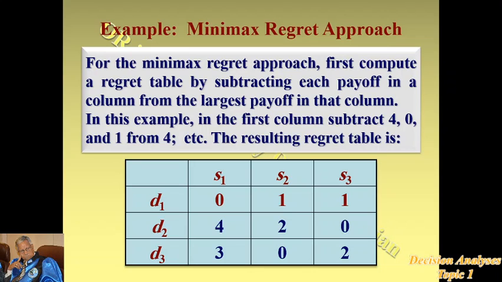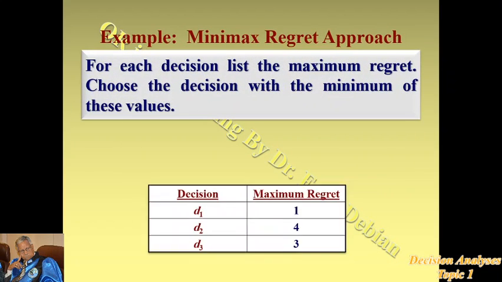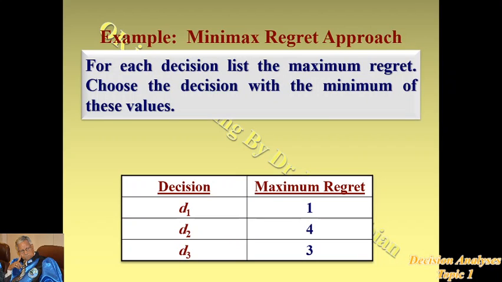So for each decision alternative, we will select first the maximum regret. For the first row, 1. For the second row, 4. For the third row, 3. So our minimax regret selection is 1, 4, 3.